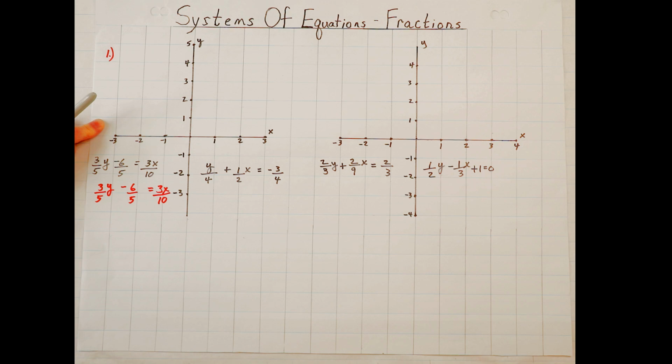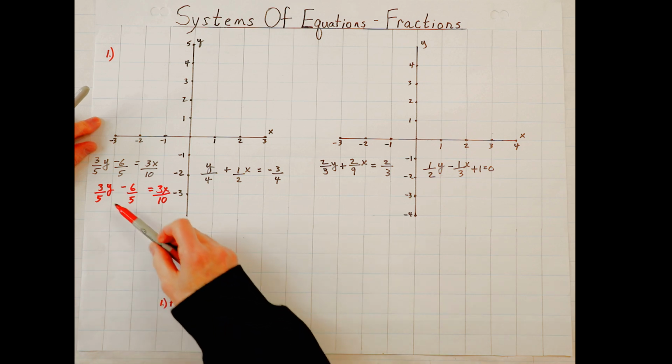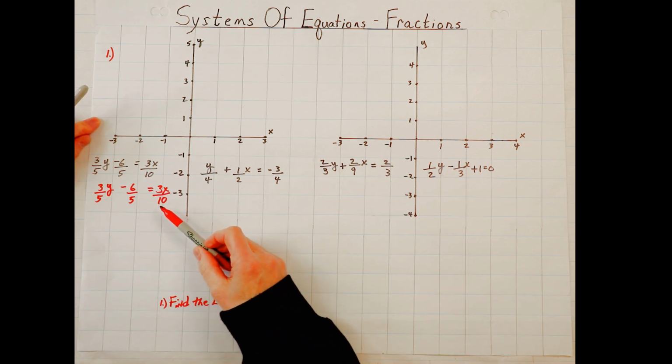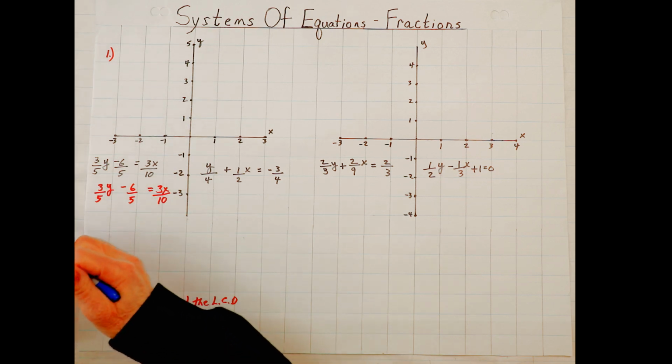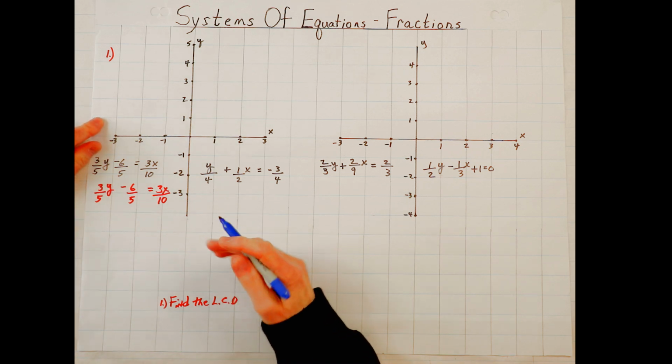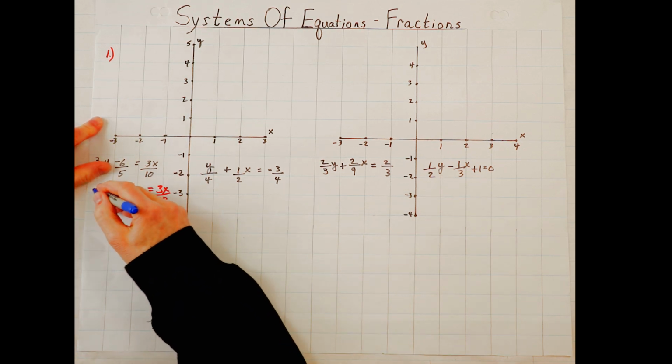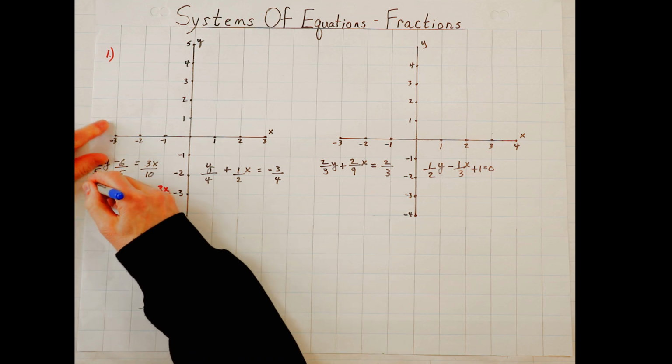Okay, so the first step is 1, find the lowest common denominator of all the fractions. Now there's 3 fractions. The lowest common denominator in this case is 10. So we multiply every part of the equation by the lowest common denominator.